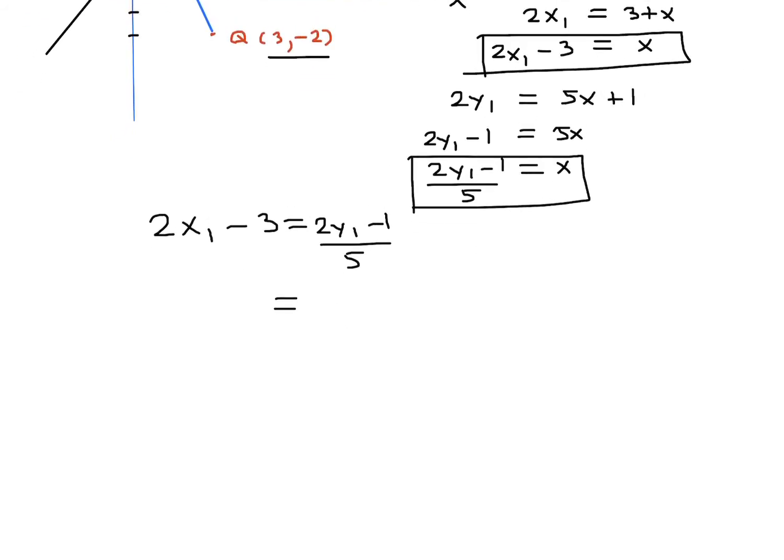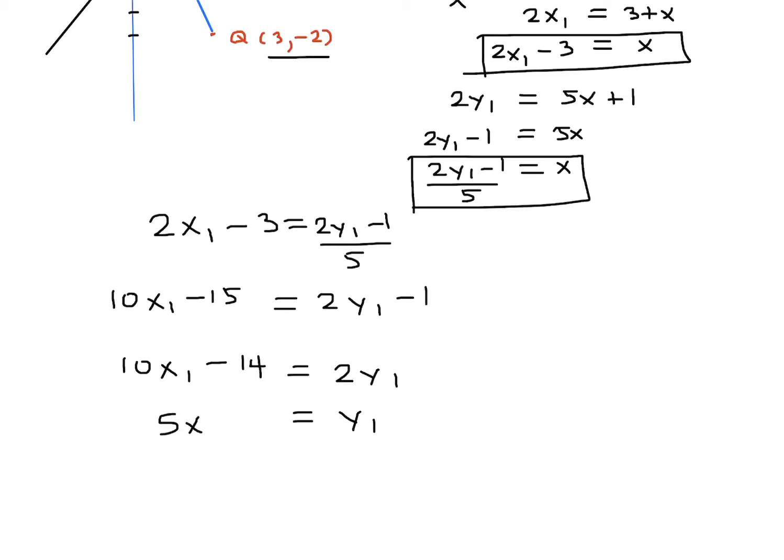Now let's solve for this. Cross multiply and you get 10x1 minus 15 is equal to 2y1 minus 1. And let's see here, 2y1 equals 10x1, add 1 to both sides and you get minus 14. And if you divide all the expressions by 2, you'd get y1 is equal to 5x1 minus 7. So this is our relationship.